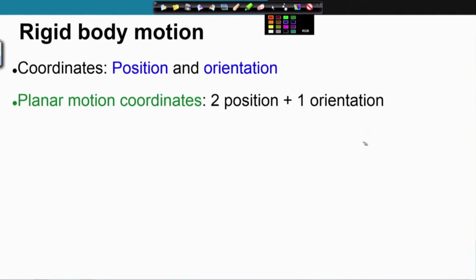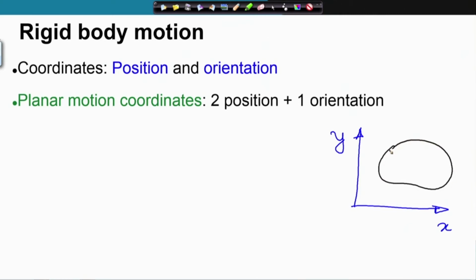Let me show you what I mean. In the plane, let us say the xy plane, if I have a body and this dashed line is fixed to the body, then by tracking the xy of this point, let us say A on the body, and the orientation through this angle, let us say theta, where theta is the angle measured between the body fixed line and the x axis, we have these 3 coordinates x, y, theta.